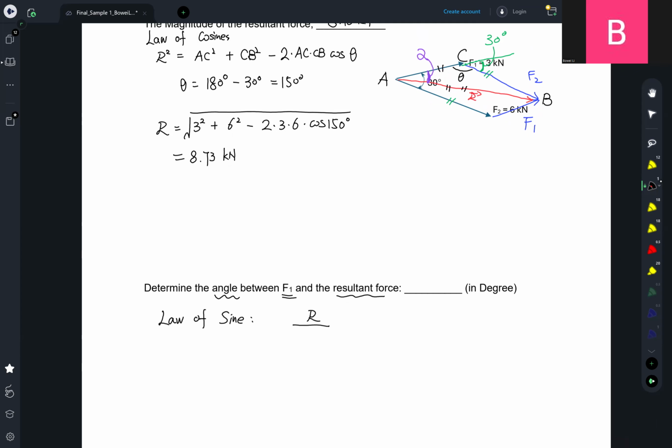What is the opposite angle of the side R? It is theta.